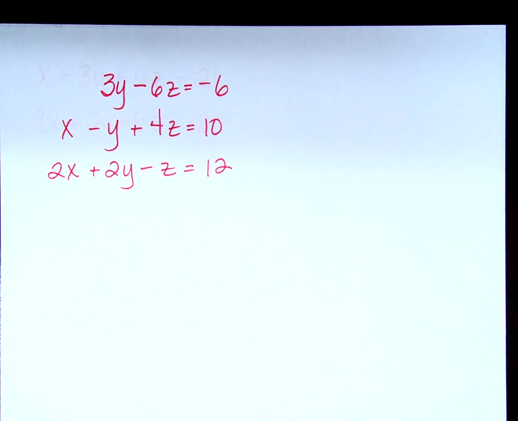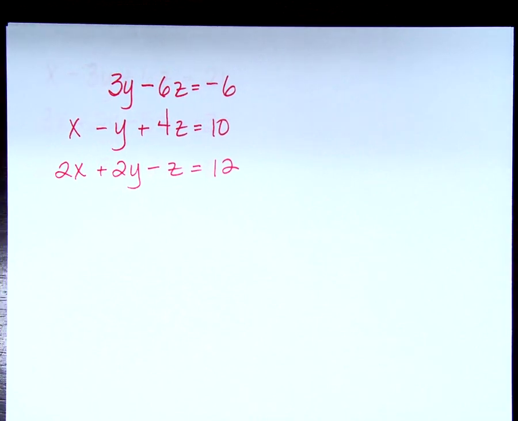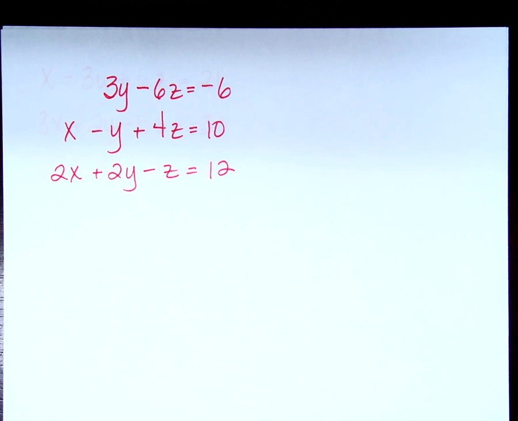Let's do this example then. So I have 3y minus 6z equals negative 6.